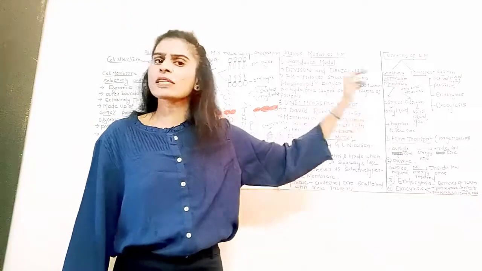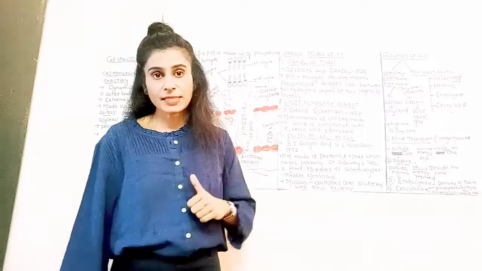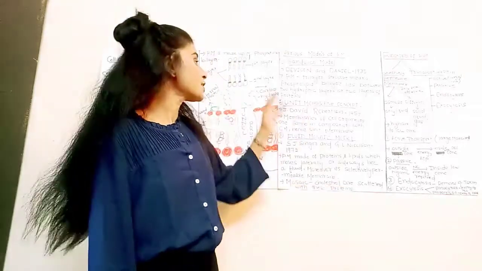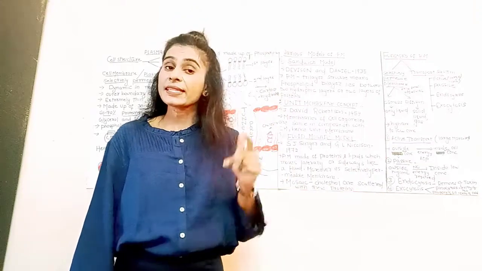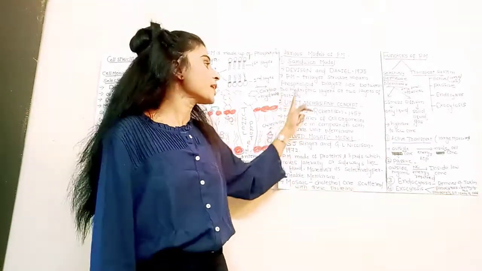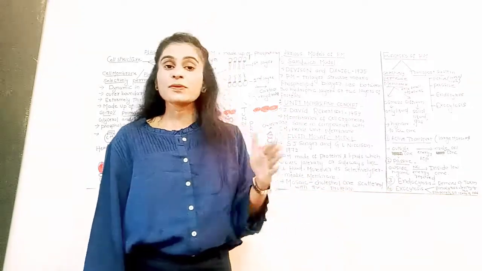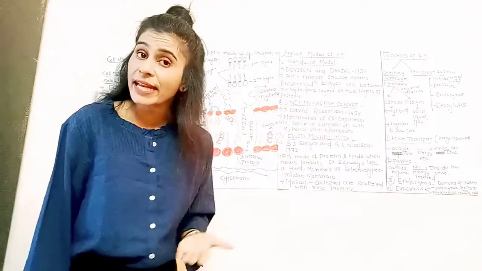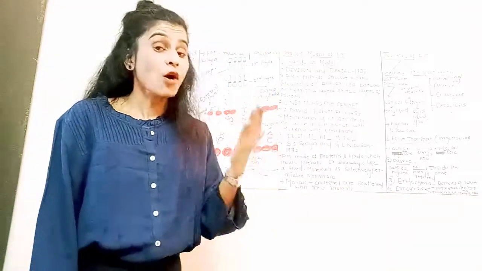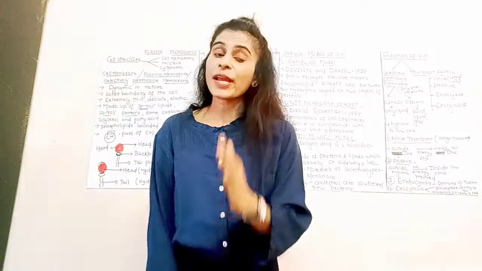This concept was not at all accepted, and another theory came forward. What is that theory? That is the unit membrane concept. The first one, the sandwich model, which tells about the trilayer structure, was not accepted, and another concept came, called the unit membrane concept.